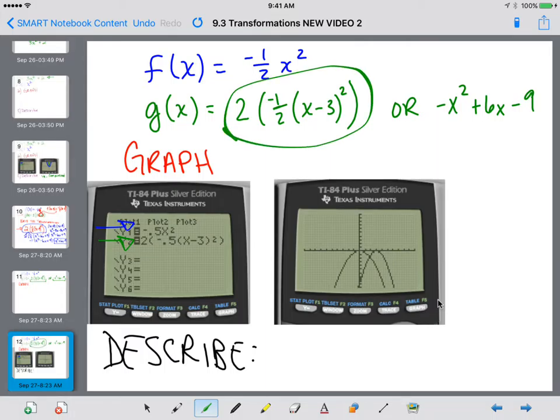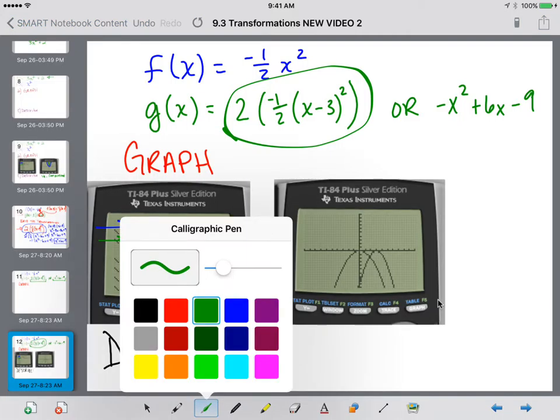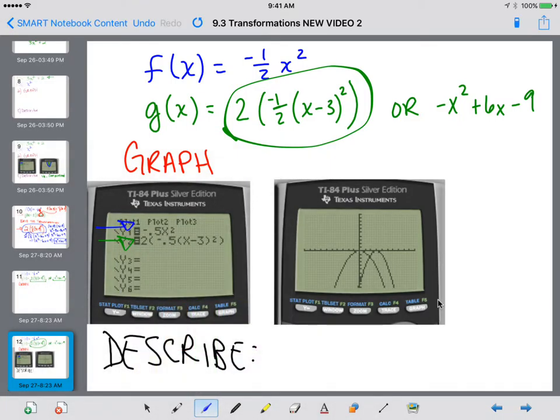It's alright. Now we look at the graphs here, and my f of x is this first graph that comes around like this, and my g of x follows this path. So the transformation, look at the vertex. The vertex started here and it moved to the right.